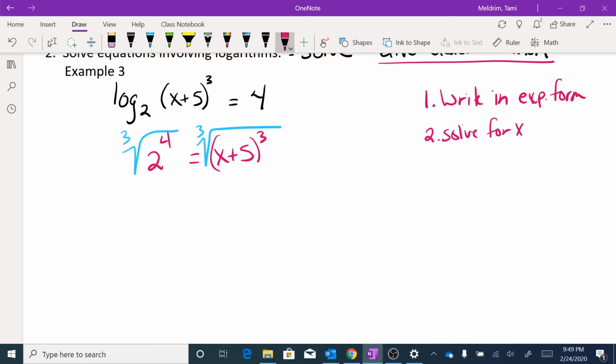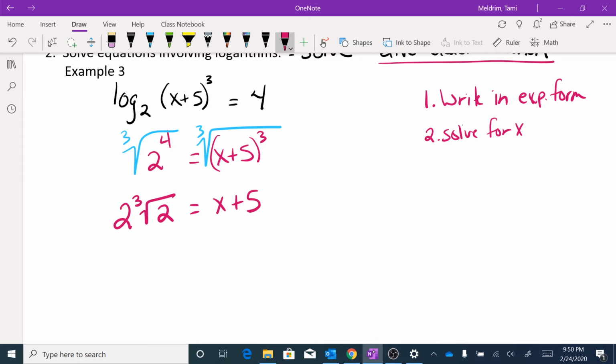And when I take the cube root of 2 to the 4th power, I want a group of 3. So I want to have 2 on the outside, that's one group of 3, times the cube root of 2, there's 2 left over inside. And when I take the cube root of something that's being cubed, I am just left with the x plus 5.